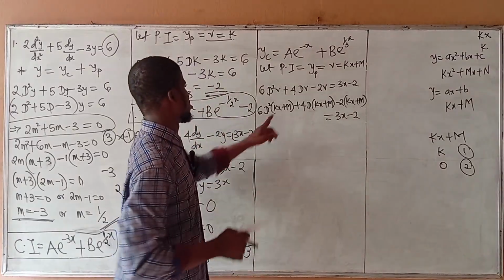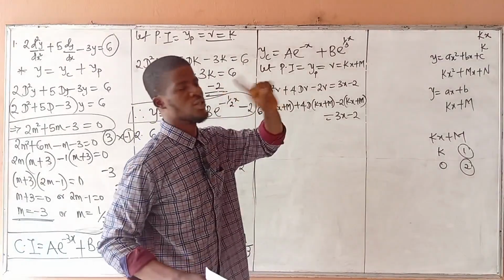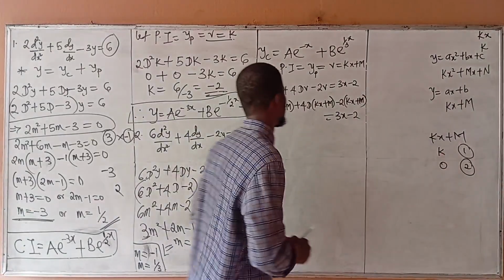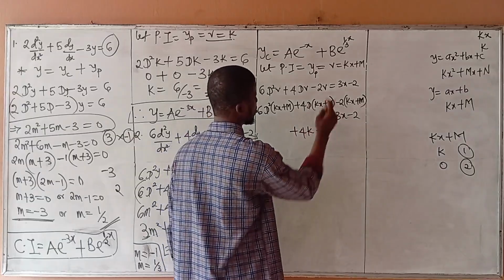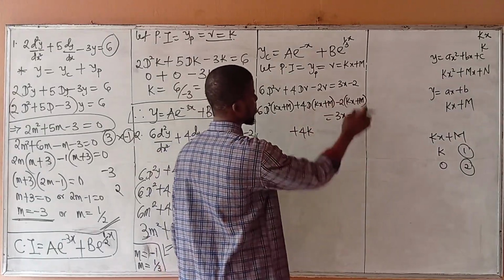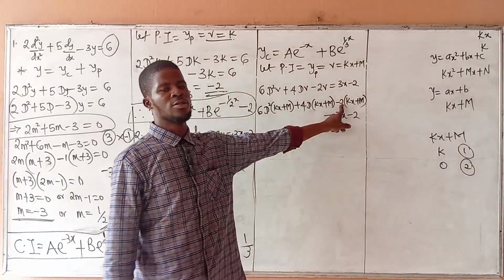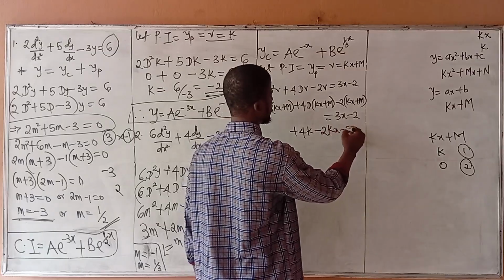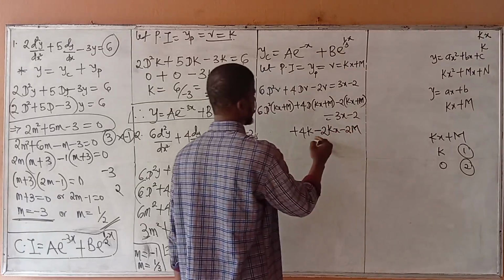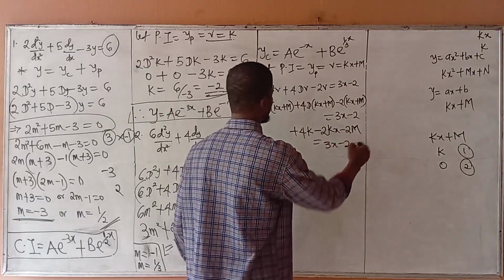When I differentiated kx plus n once, I got k, right? So this is going to be 4k equals, okay, I have minus. This minus can only expand this bracket to give me negative 2kx negative 2n equals 3x minus 2.